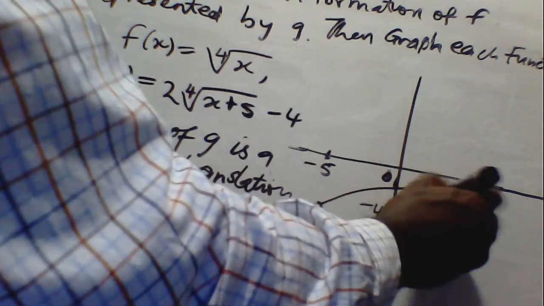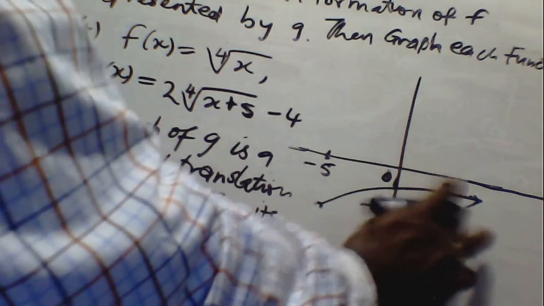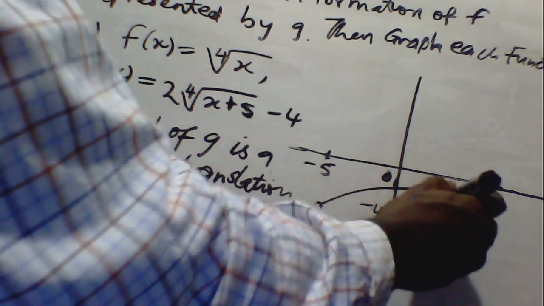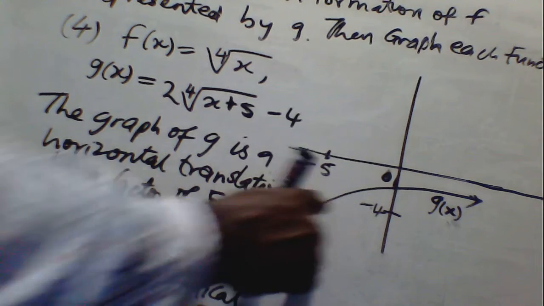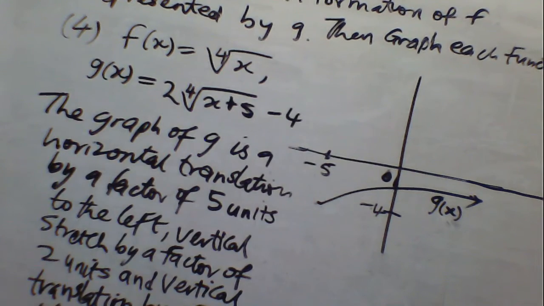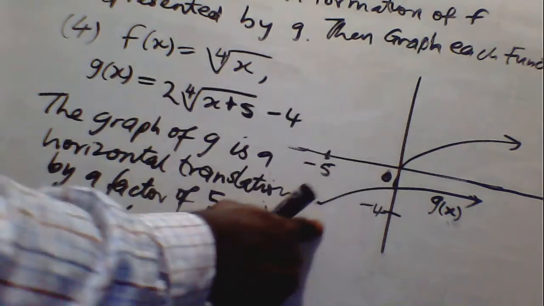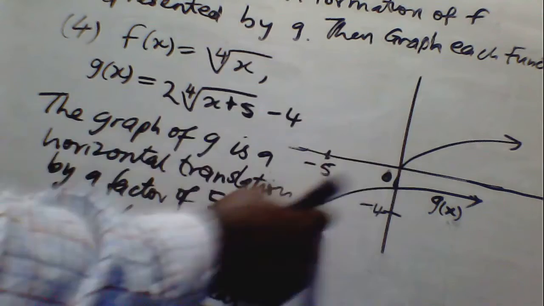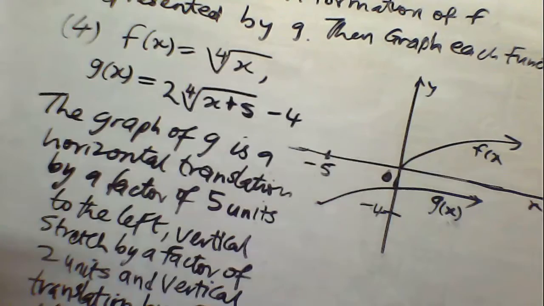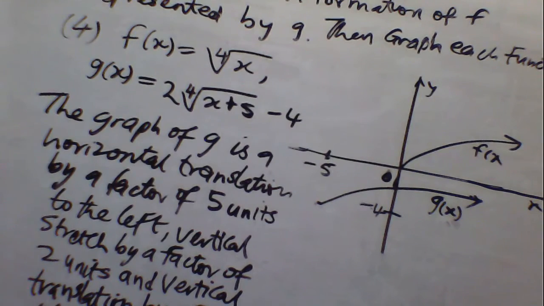So this is how the graph is going to look. Since the parent will be from here, from the origin, the translation will be from here. This is the parent. So there's nothing again to do.